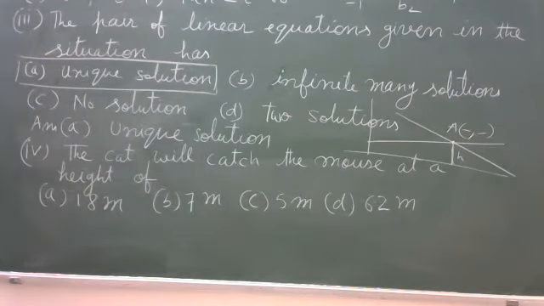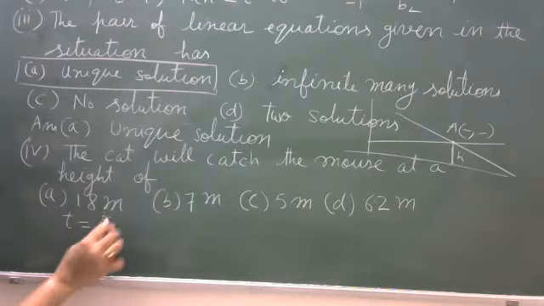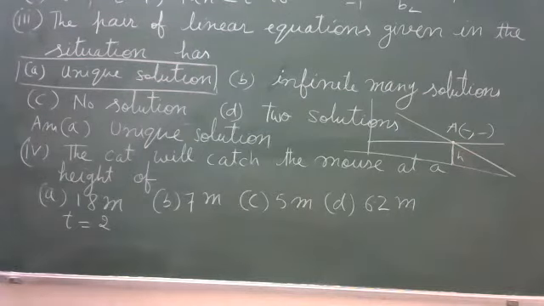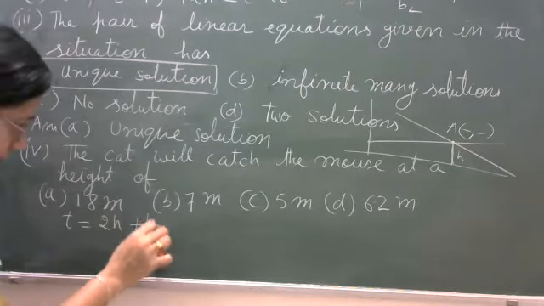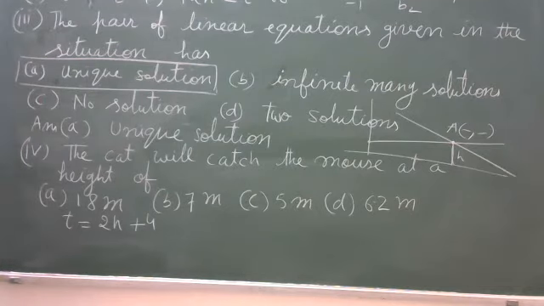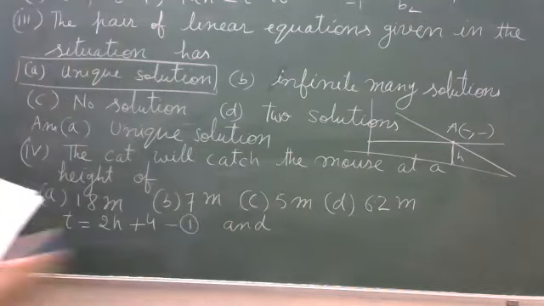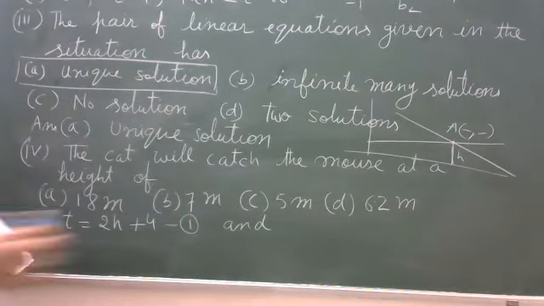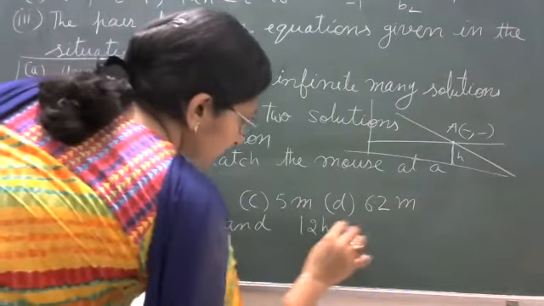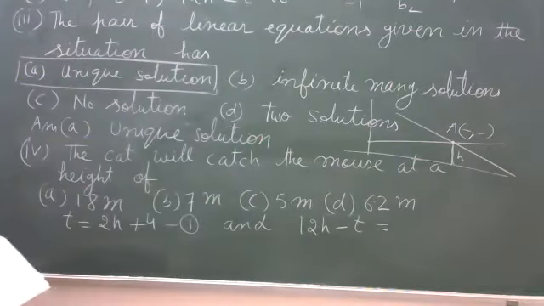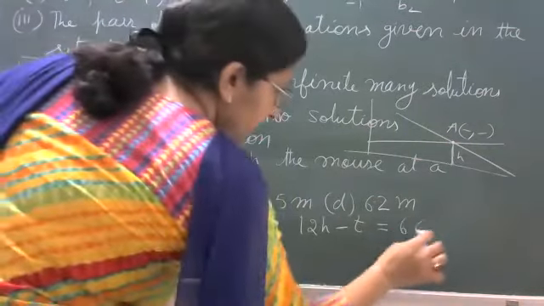The first equation was t is equal to 2h plus 4. It was equation number 1, and in equation number 2 it was 12h minus t is equal to 66.